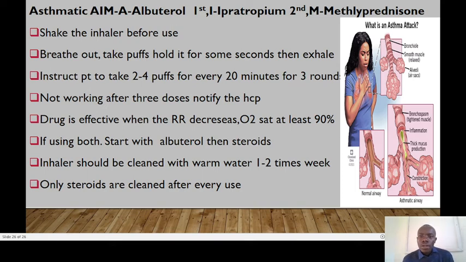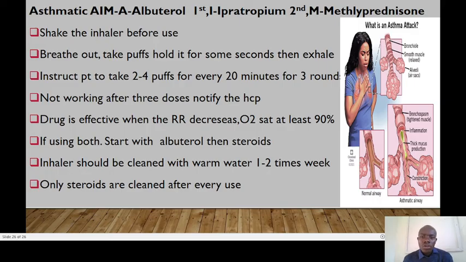So we start with the short-acting beta-2 agonist, which is albuterol. So albuterol first, then you can go for an anticholinergic, of course a short-acting antimuscarinic drug, ipratropium. Then you can have the steroids.